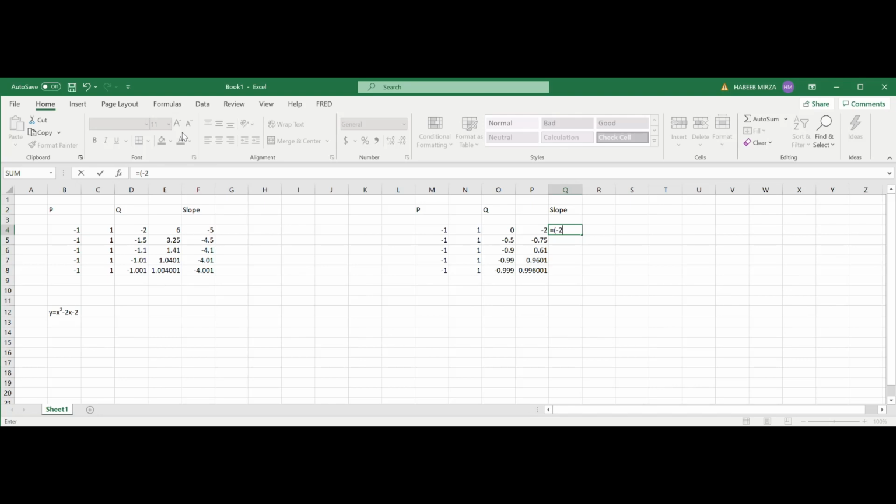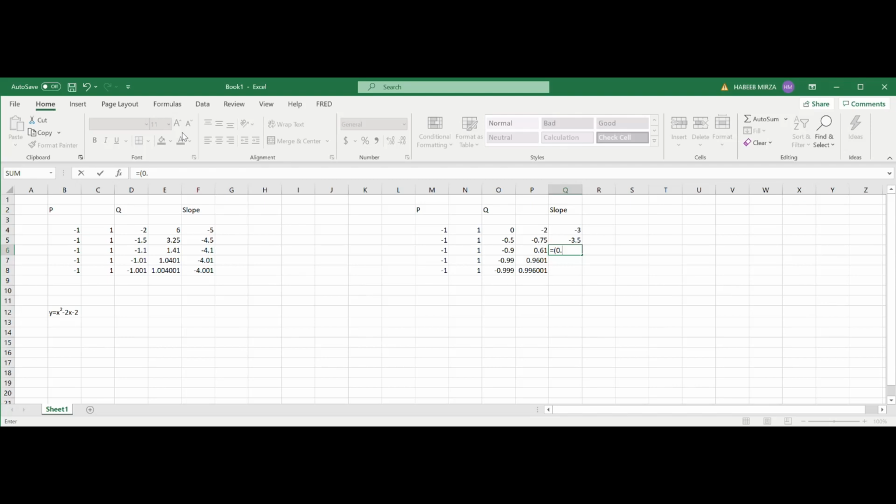Equals minus 2 minus 1 divided by 0 minus 1, that's 3, and you do negative 0.75 minus 1 divided by negative 0.5 minus 1.